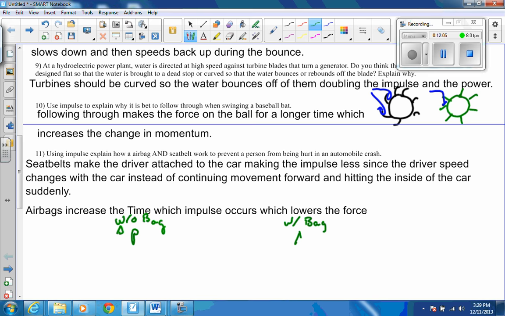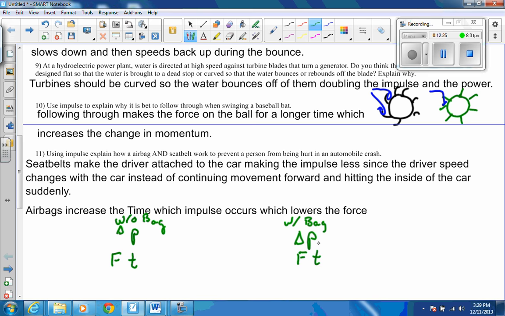Both those momentums are going to be the same, because your car, going a certain speed with a certain mass, only has so much momentum. But don't forget that the formula for changing momentum is F times T. Over here, it's F times T.